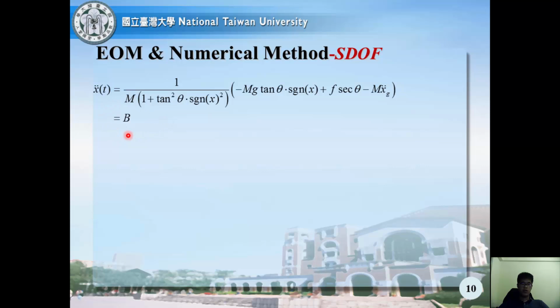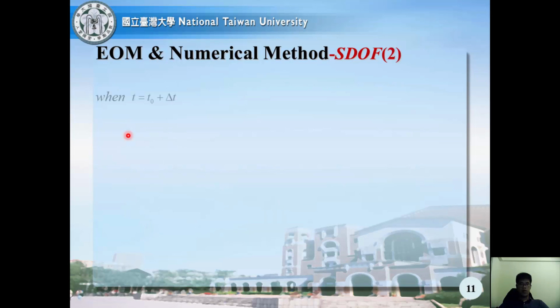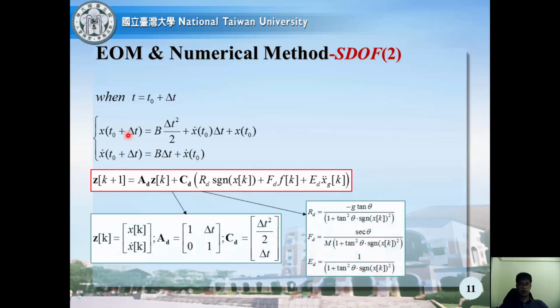If we integrate b with respect to t with the initial conditions at t equals t0, we get this form. Furthermore, if we substitute t equals t0 plus delta t, we get this form. Finally, we can form the difference equation for our system with these coefficients.